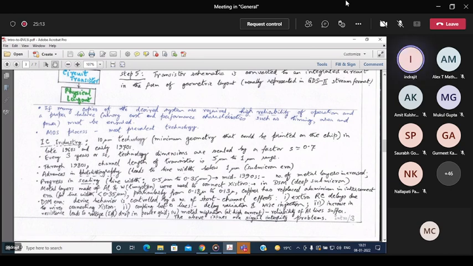Metal migration is also important. What do we mean by metal migration? At high current, the metal ions tend to flow in the direction of the conventional current. Metal ions are mostly positive.